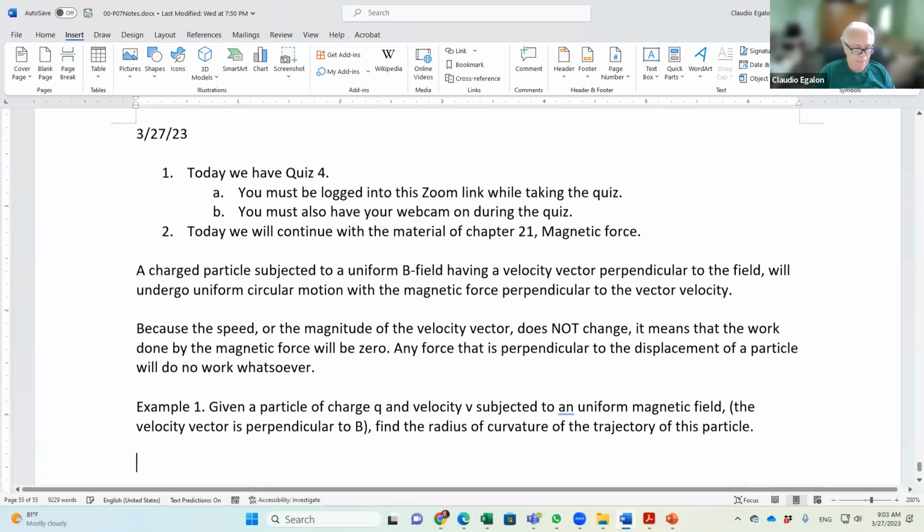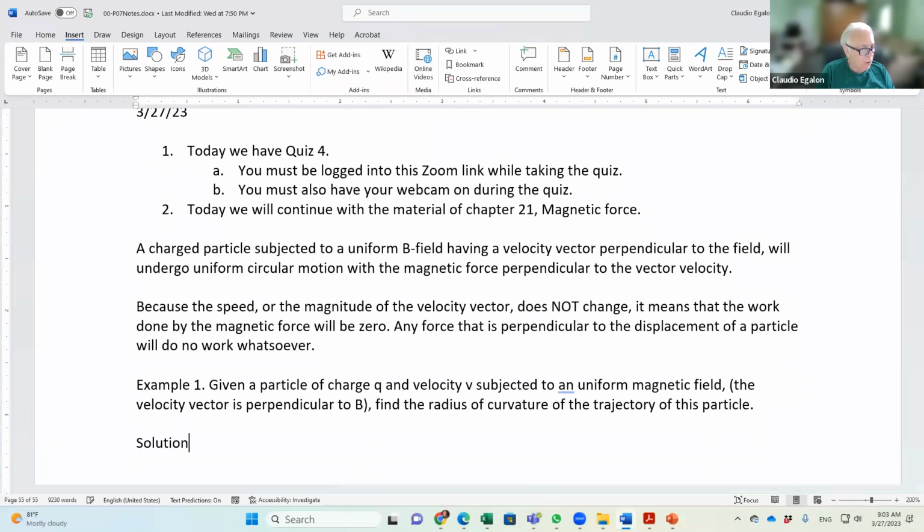Okay. So that's a nice problem of uniform circular motion that you saw back in physics 6.